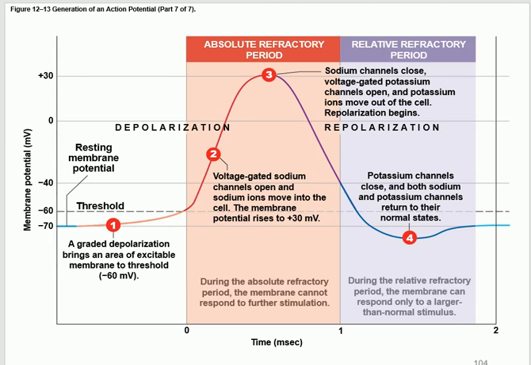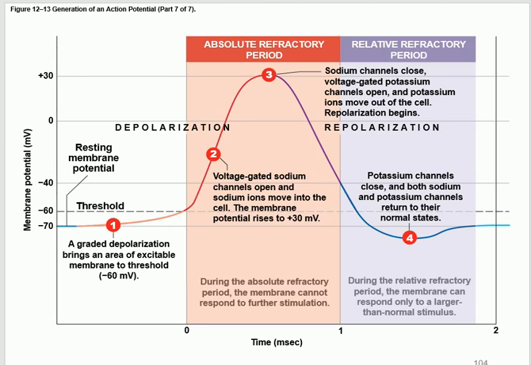What's 3? Positive 30. Yeah, what happened here? Ionic explanation: sodium channels inactive, potassium channels active. And then you go down to repolarization, which is this purple and blue. What's the ionic explanation for this? Potassium channels open, potassium rushes out. And then what's 4? Hyperpolarization.